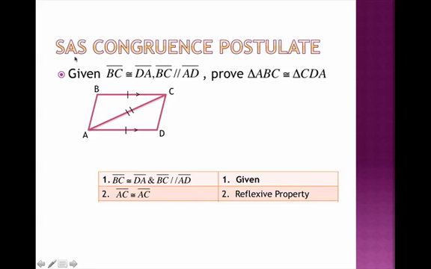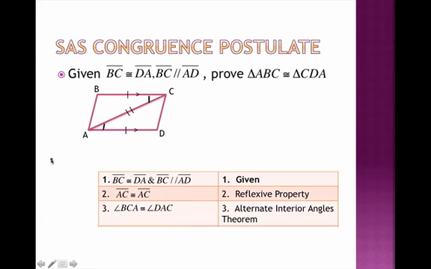Now remember, I'm wanting to prove it through side, angle, side. So BC and AC are my two sides. So the angle made between them is angle BCA. And that we know is congruent to angle DAC. These are alternate interior angles.